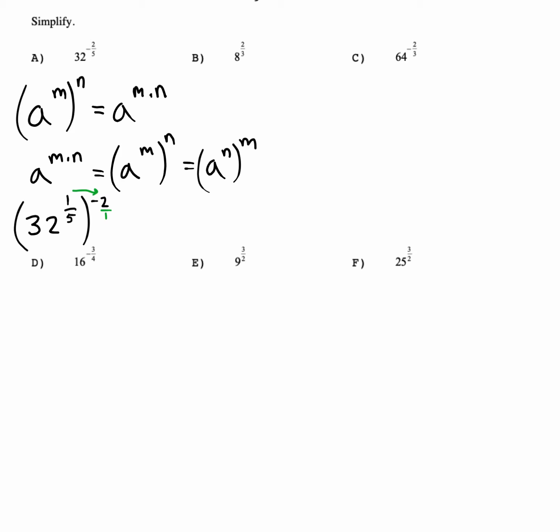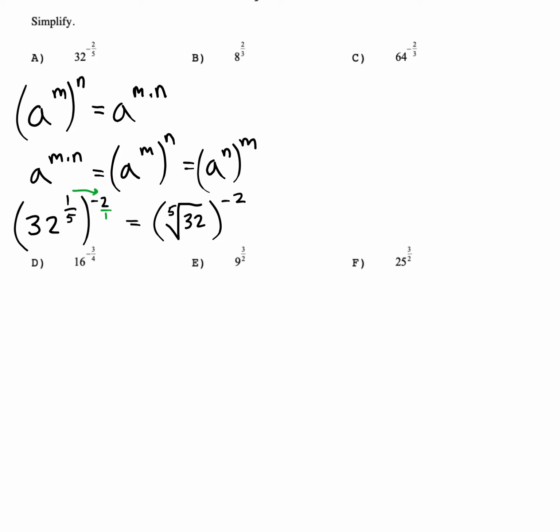and you'd get back to the original exponent. But the reason why I do this is because I may be able to determine what the 5th root of 32 is. And so I could simplify it. And if I knew what the 5th root of 32 was, then I could just raise that result to the -2 and I could get an answer for this problem. And luckily, I do know what the 5th root of 32 is.